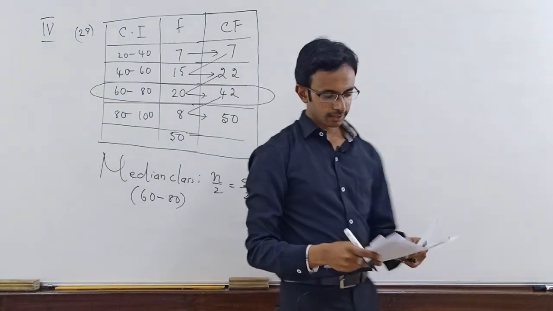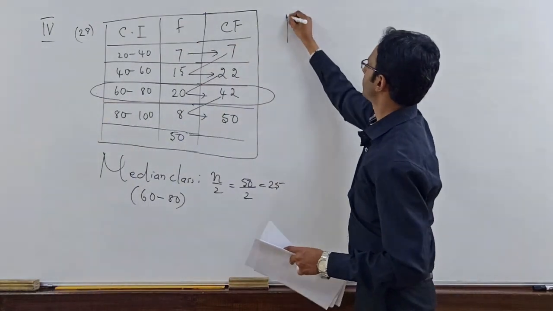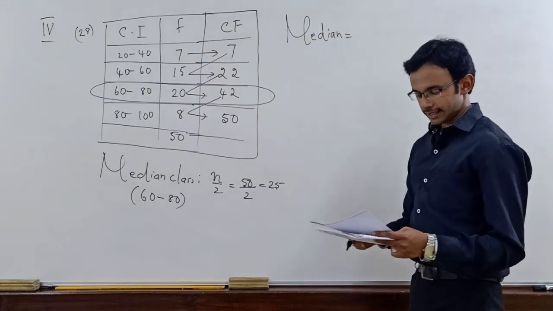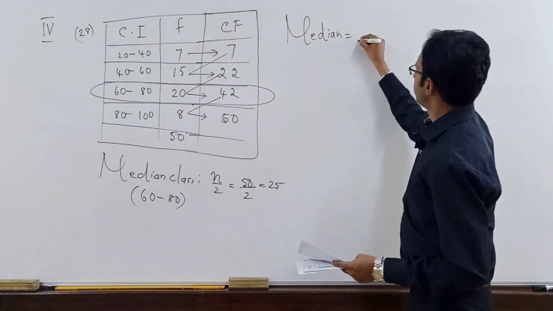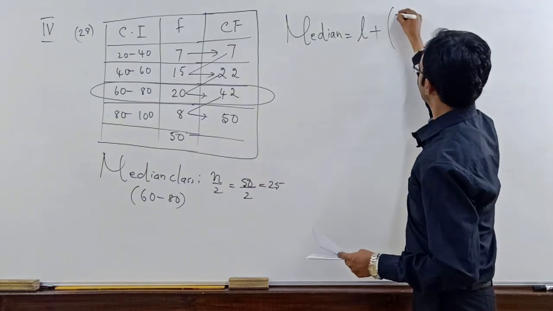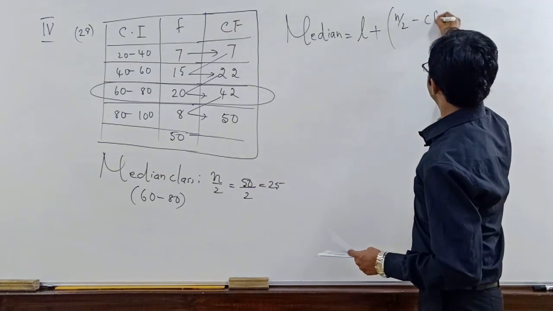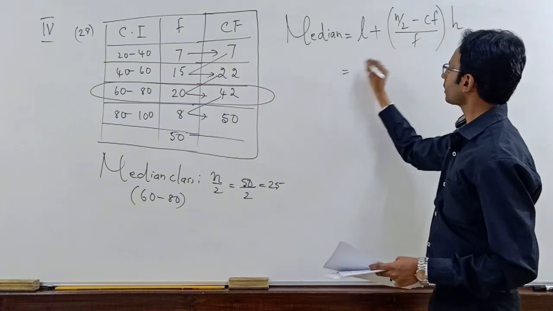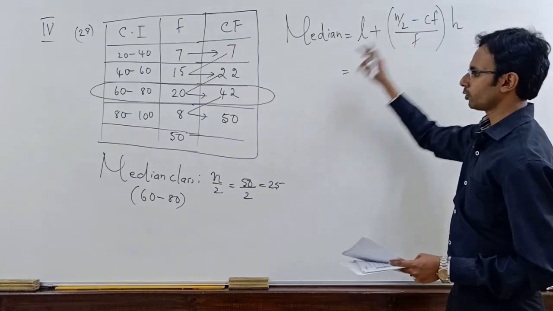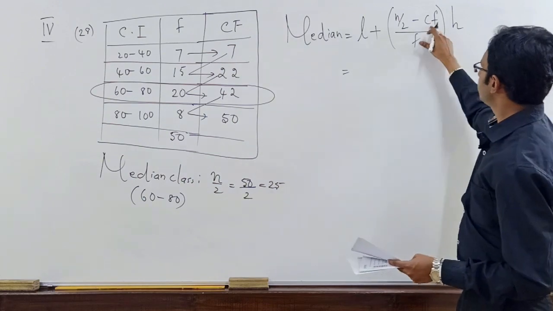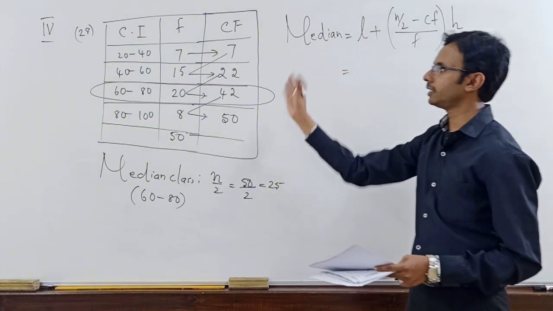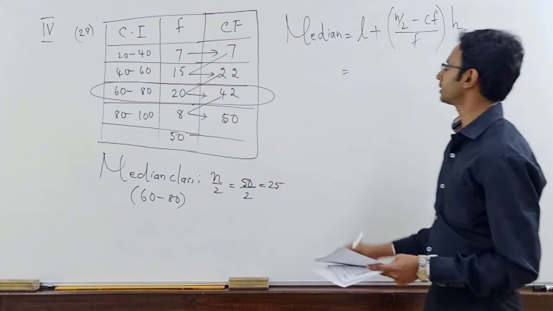So let us find the median for this given data. You all know median is calculated by a formula called as L plus n by 2 minus CF divided by F into H. Lower limit, n by 2 is already calculated here, CF is cumulative frequency, F is frequency, and H is the width of the class interval or the size of the class interval.